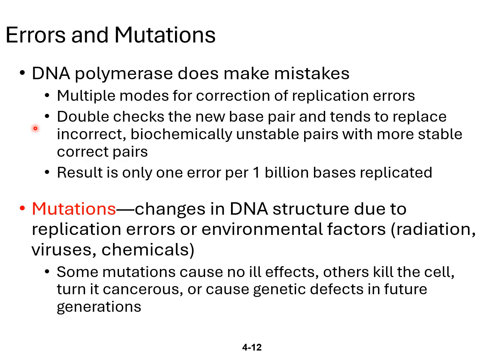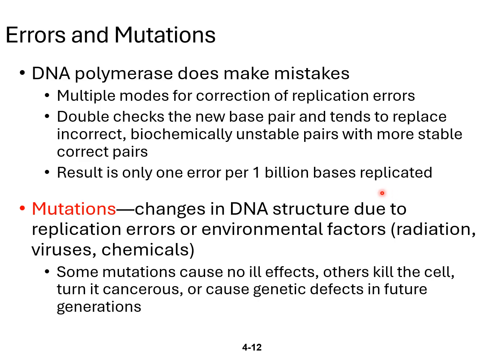So you have another protein that goes by just to make sure that each base is paired to the correct base. So A never gets bound to a G or a C. It's always A to T. So there's a proofreader that's going through there. And this results in 1 error per billion bases replicated.